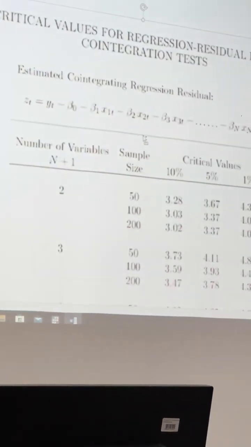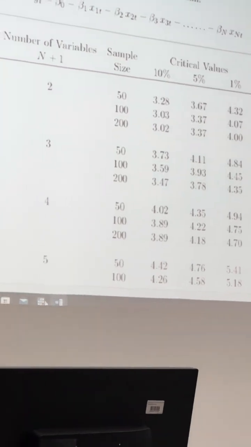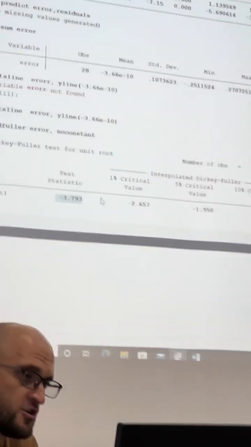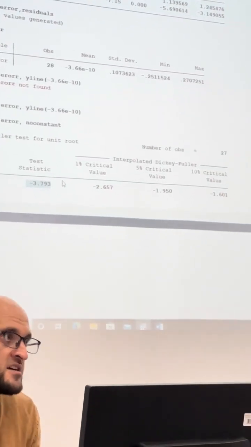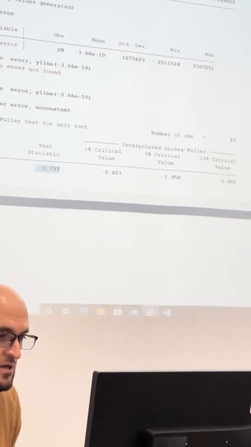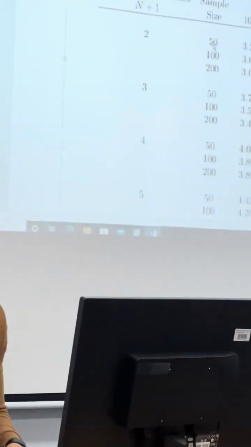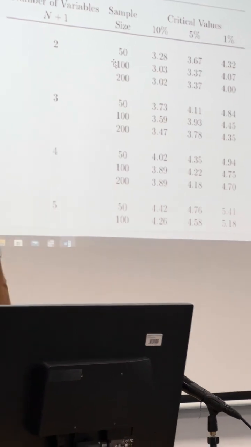Okay. So here are the critical values. If you compute the t statistic here, for the error term to be stationary, your t statistic should be more than one of the critical values that are given here. And we need to compare with how many observations we had here? 28, yeah? So we select the closest. We're not going to go for 100, we're going to go for 50. And we have two variables. You can have 4 variables, you can have 5 variables.